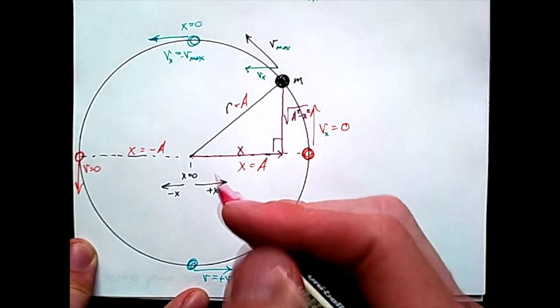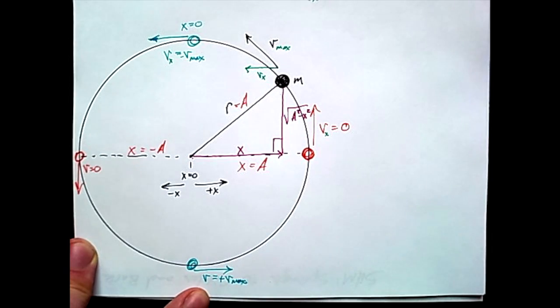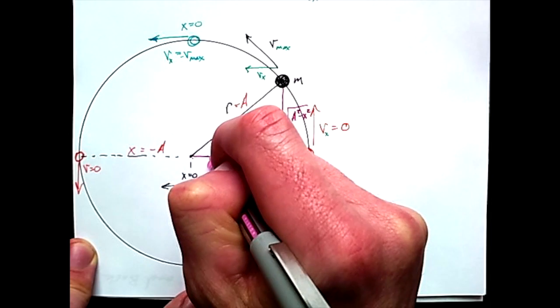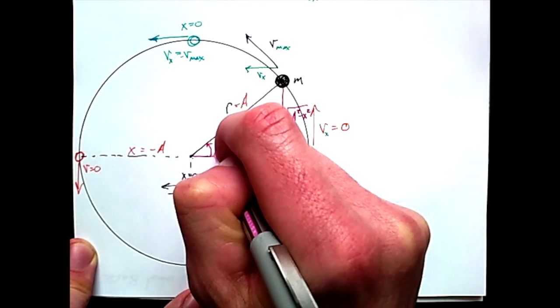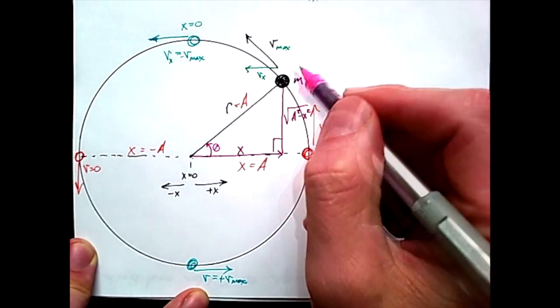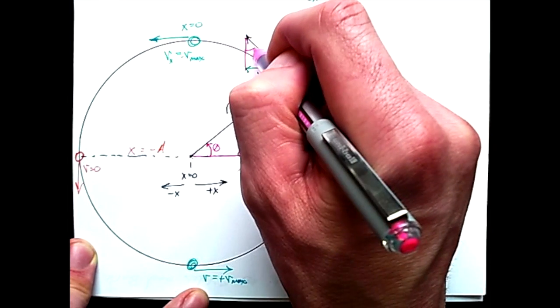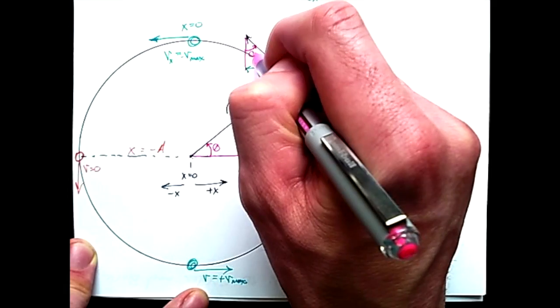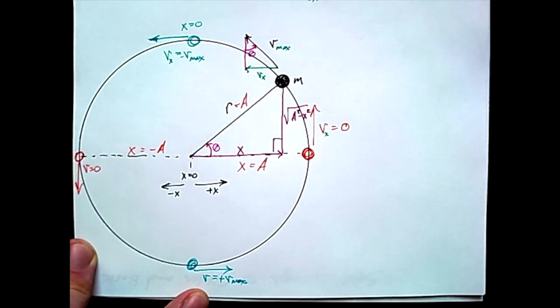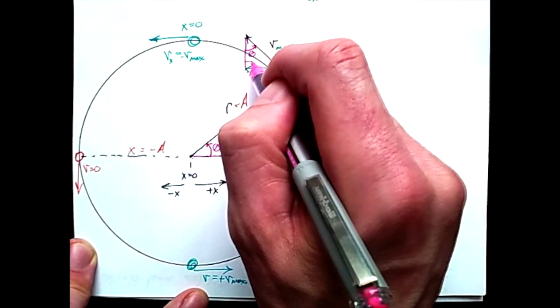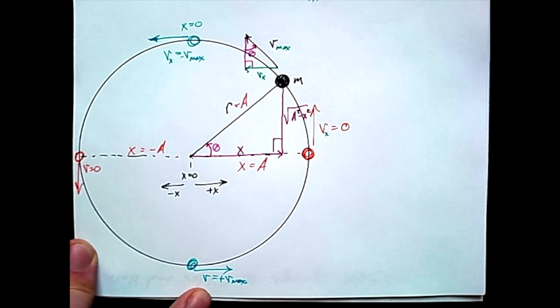However, what we see is that since this is offset from the x-axis by some angle theta, through some simple geometry and similar triangles, we can see that the angle theta reappears up here in the top of this triangle where Vx is perpendicular to the vertical in the velocity triangle.